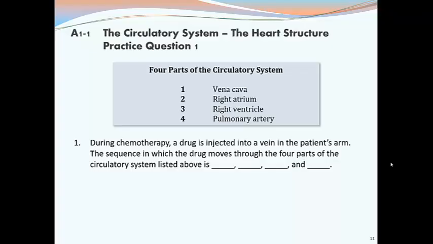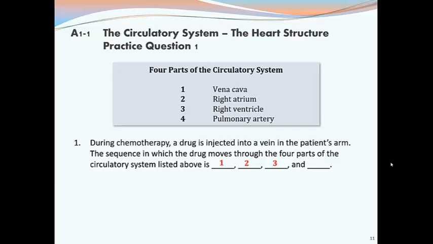So when we look at the way blood would come back into the heart, we know that it comes in first through the vena cava, either superior or inferior, so the top or the bottom, but it comes in. Now, from the perspective of the patient, we are on the right side of the heart, and it'll go from atrium to ventricle. And then from ventricle, that less muscular side of the heart is going to pump the blood away from the heart.